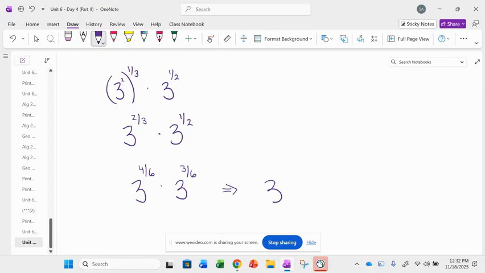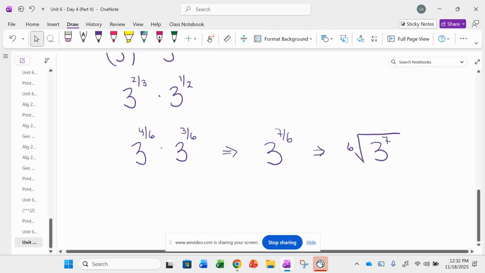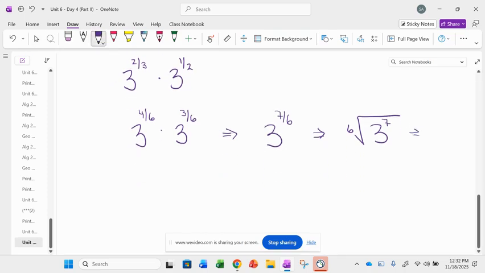Do we agree this is going to be 3 raised to the 7/6 power? And now when I write this as a radical, this is going to be the 6th root of 3 to the 7th. Well, guess what? We can simplify this, right? So if I have the 6th root of 3 to the 7th power, can I take a group of 3s out? I have a group of 6 3s. So we're going to take 1 3 out. And so I have 3 times the 6th root of 3.